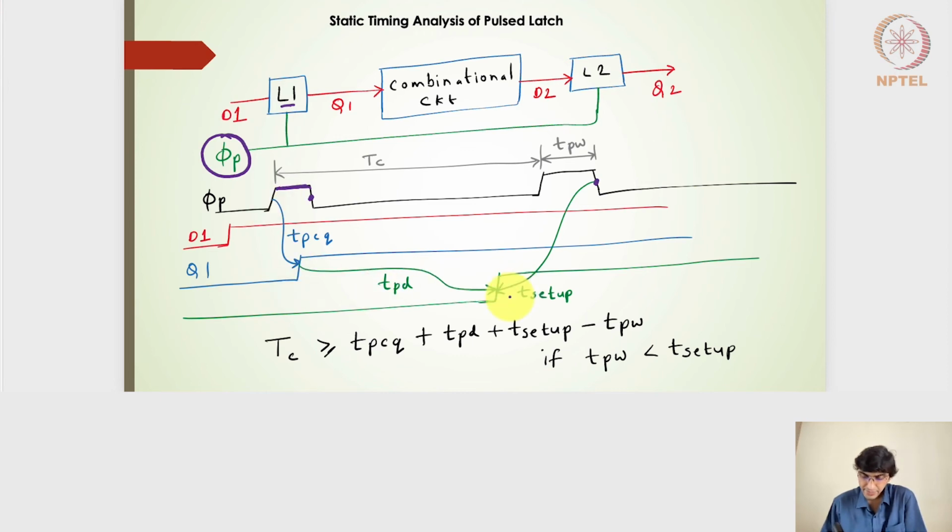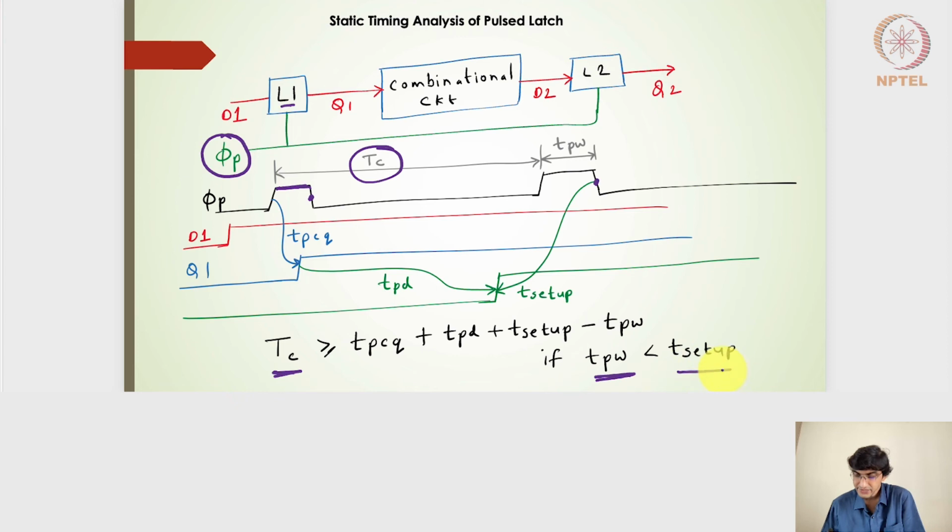So if I have this particular timing diagram, I can easily find out the clock time period. The clock time period will be nothing but this component plus this component. The clock time period should be greater than or equal to this component, this component, this component minus this component, which is the pulse width, right?